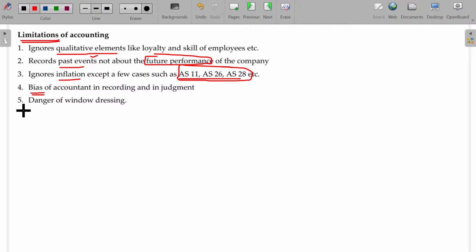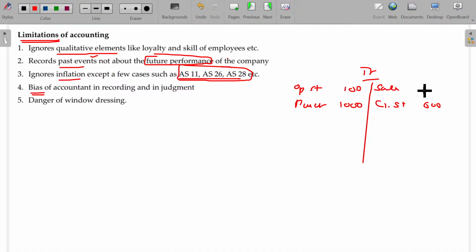You have to show that. Similarly, in another cooperative society, they prepare a trading and P&L account. Opening stock being 100,000, or 100 lakhs, purchases being thousands, closing stock around 600. Similarly, here sales are 1,000 rupees. Now, what about the GP?